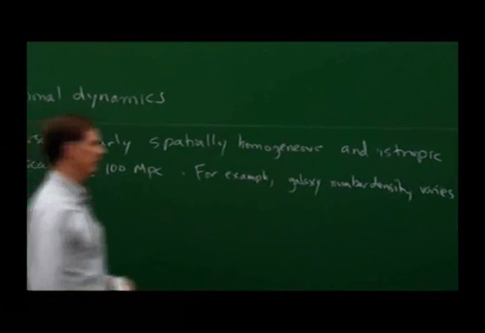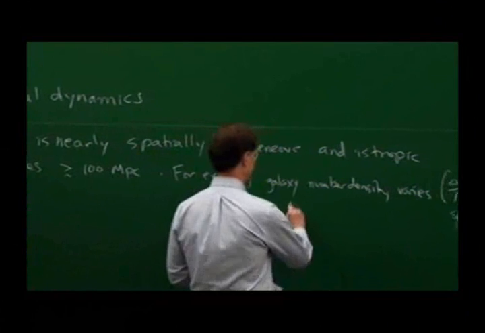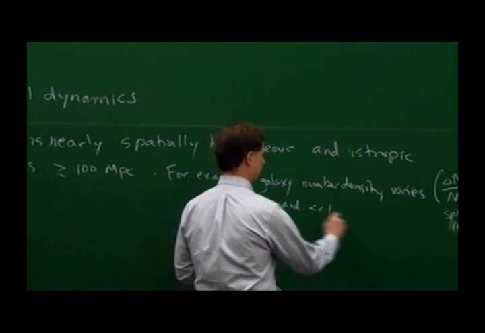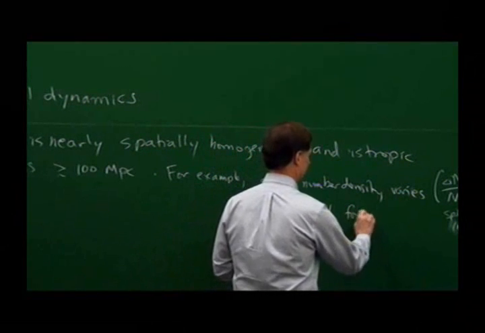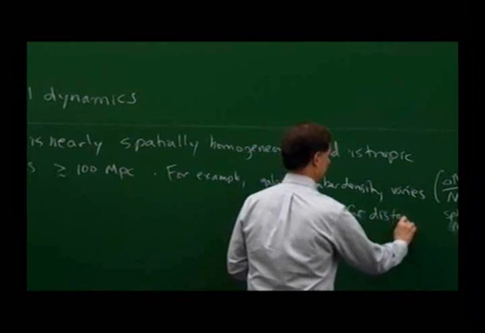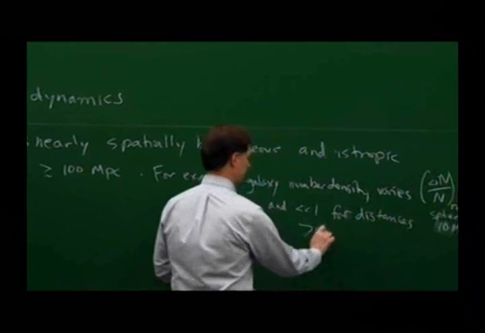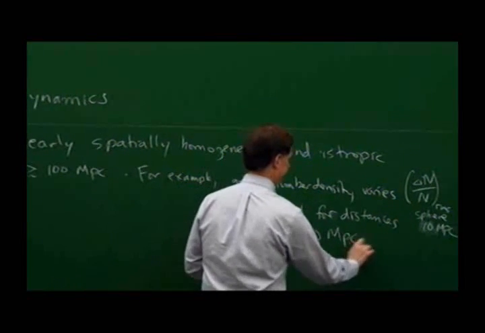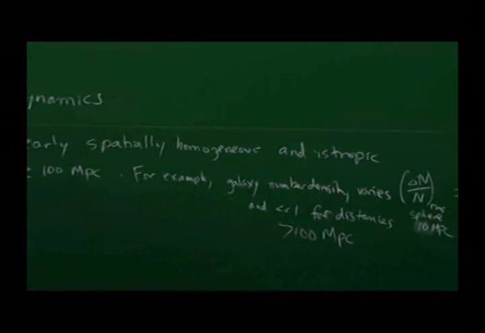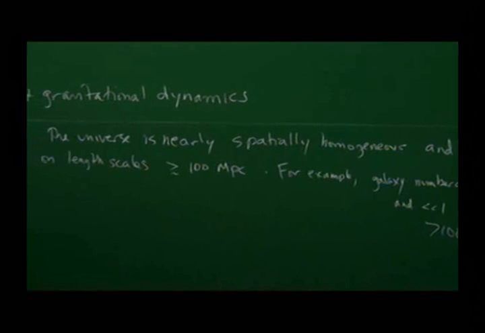And on much larger scales, those fluctuations are much less than 1. Empirically justifying the assumption of large-scale homogeneity.